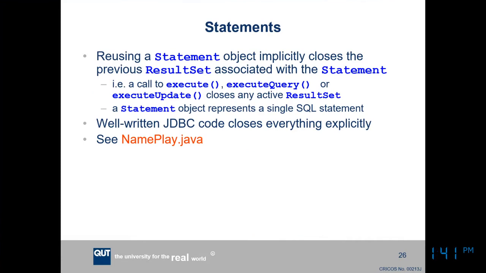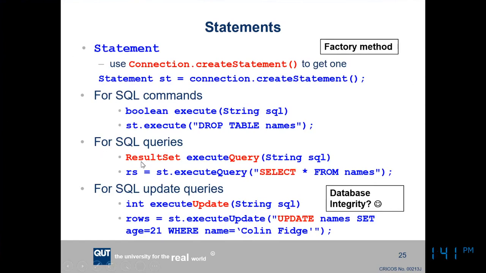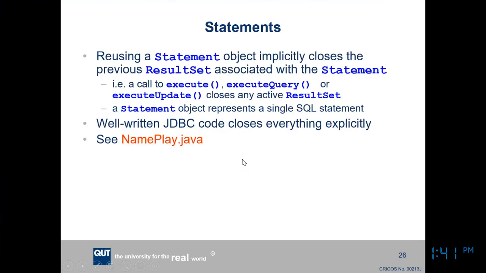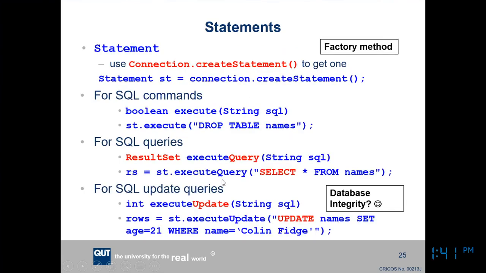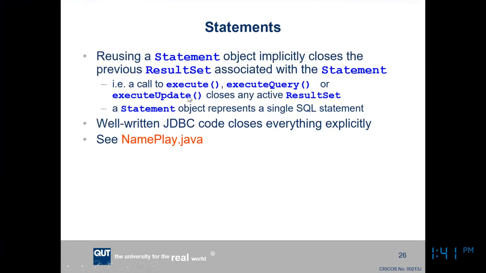Reusing a statement object implicitly closes the previous result set. We'll look at result sets in a bit, but they're the thing that you get as a result if you call executeQuery. A result set only lasts until you make use of that statement object to do something else. Well-written JDBC code should close everything explicitly.